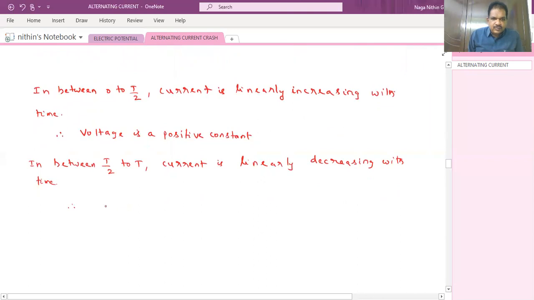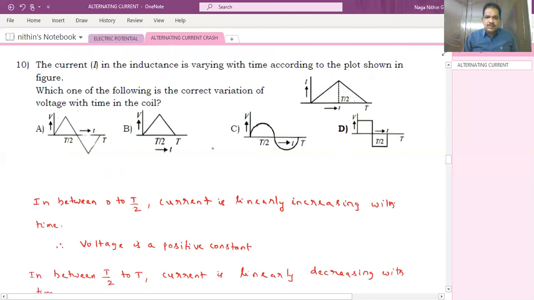Therefore, voltage is a negative constant. Okay, so this will be the answer for it.